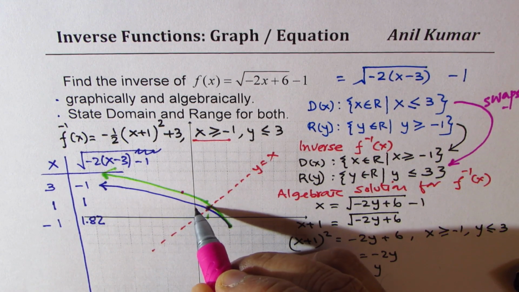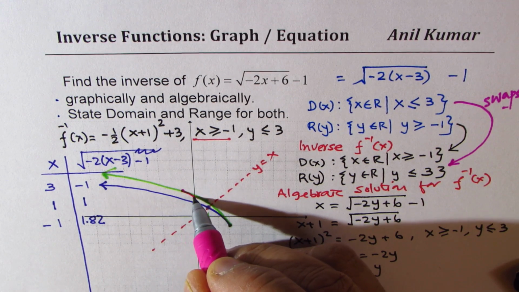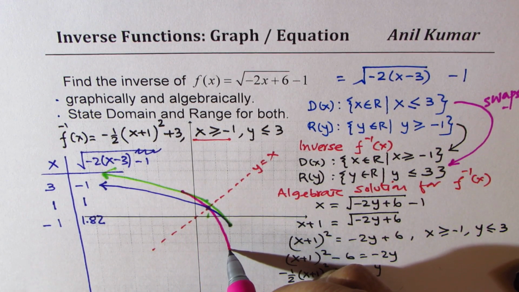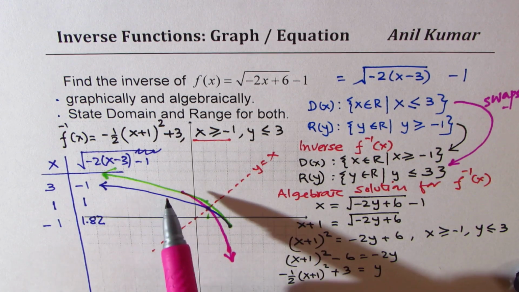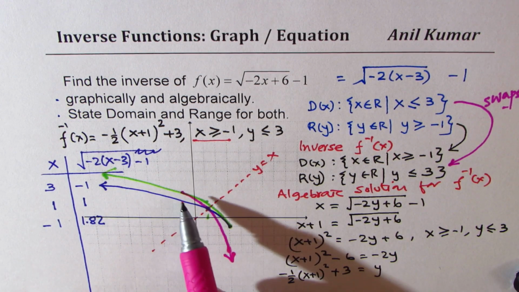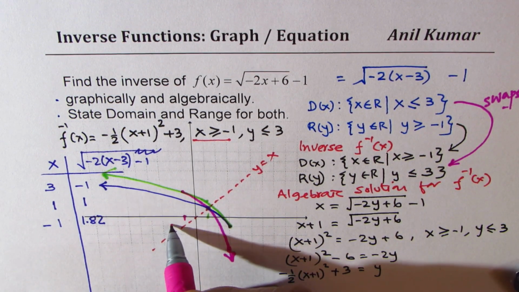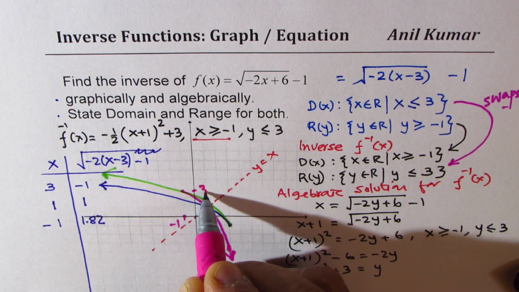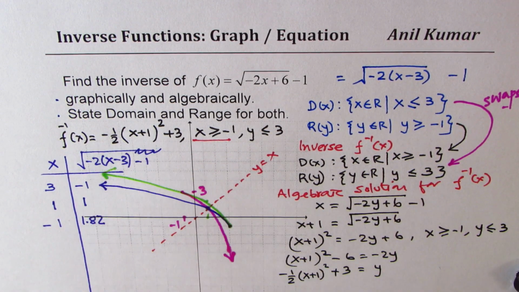And here we have a point which is kind of 1, 2. So you could draw a graph which is kind of like this. So that becomes a parabola going downwards from minus 1, 3. Do you see that? Minus 1, 3 going downwards. So that is how you would actually sketch the inverse of the given function.